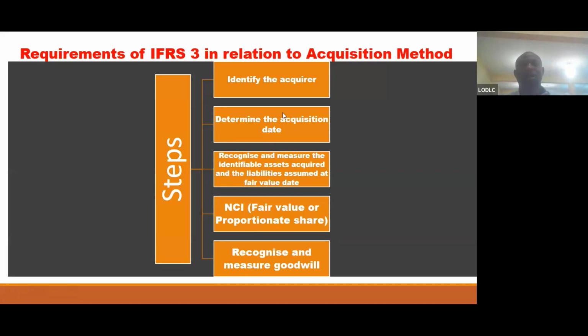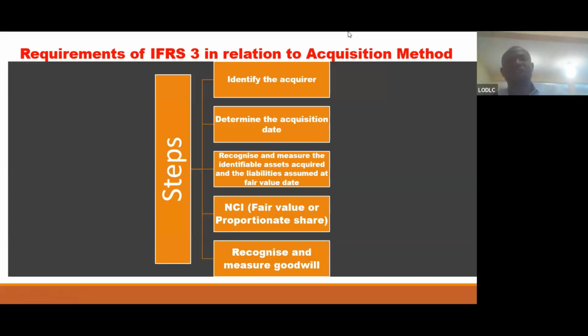Then the next thing here is the requirement of IFRS 3 in relation to the acquisition method. Let us look at how to arrive at goodwill. The first thing that you do is you identify the acquirer. Who is the person that acquires another company?